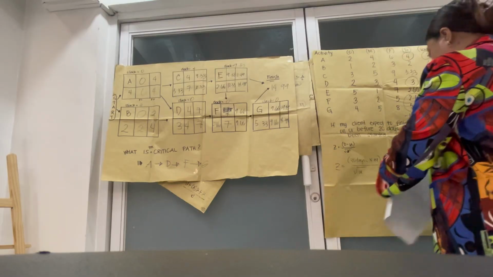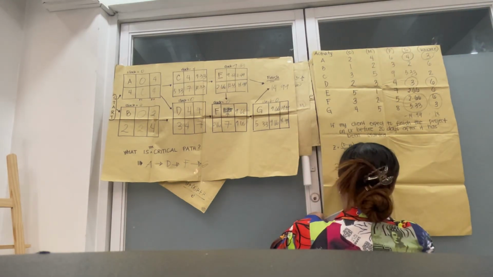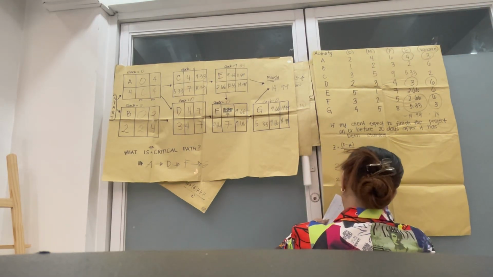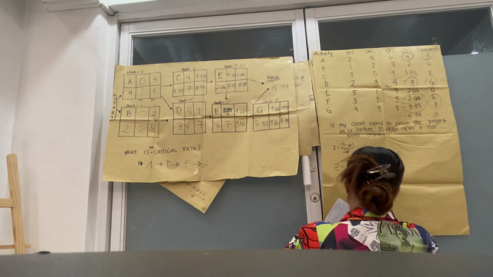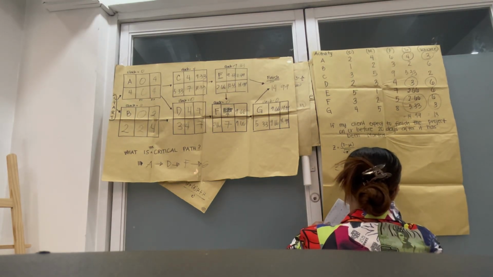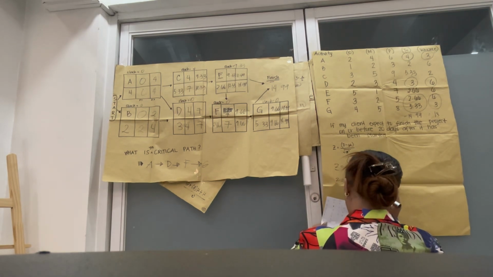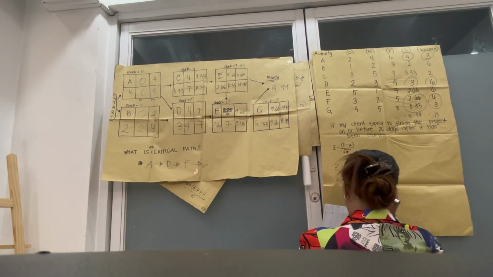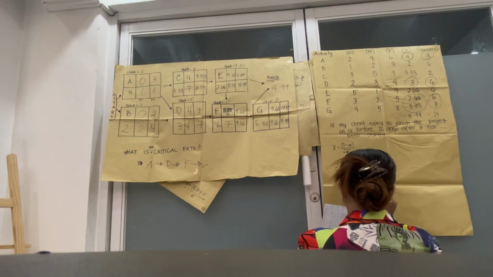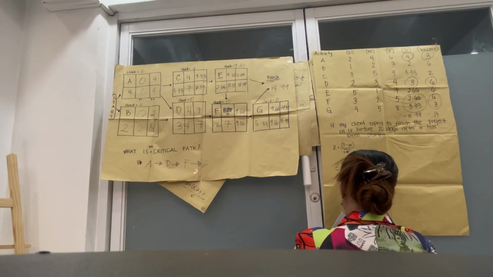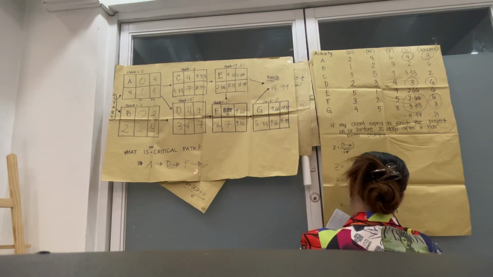So next is 5.21 days, square root of 4.24. So the total is 1.18.